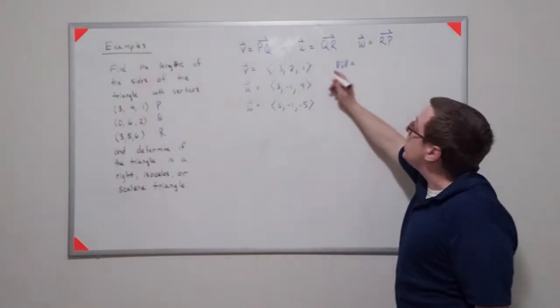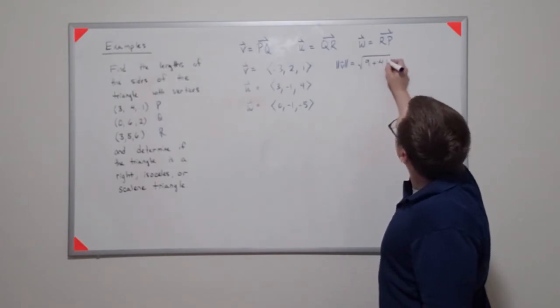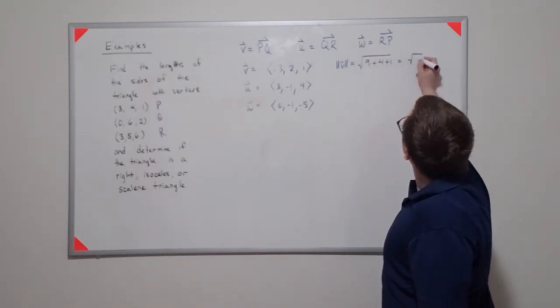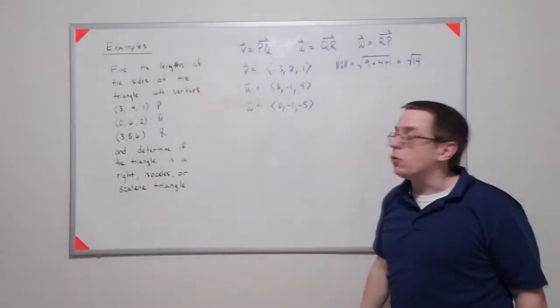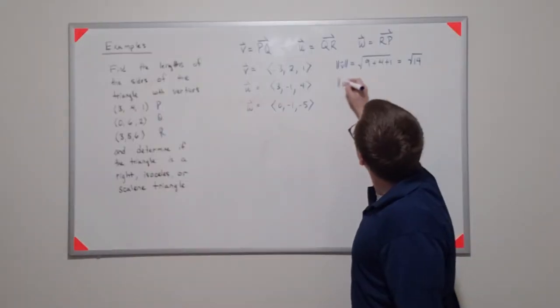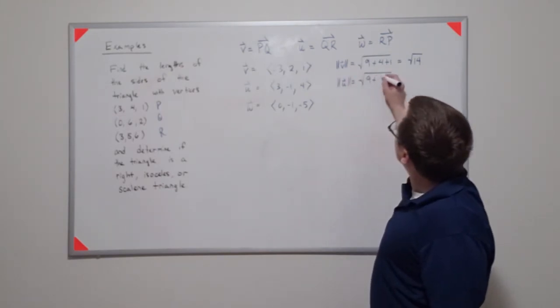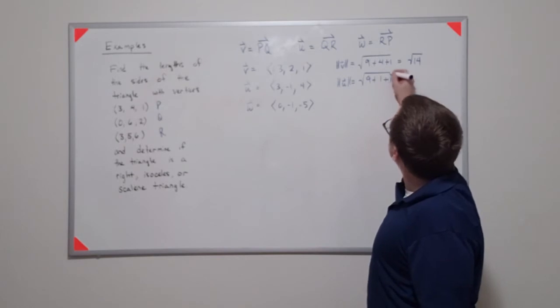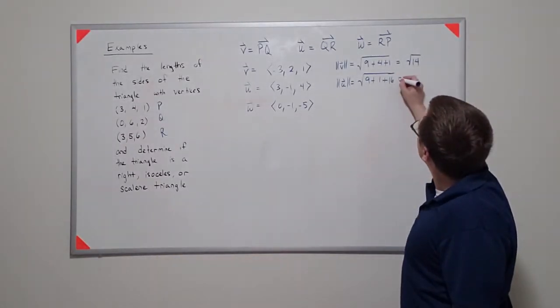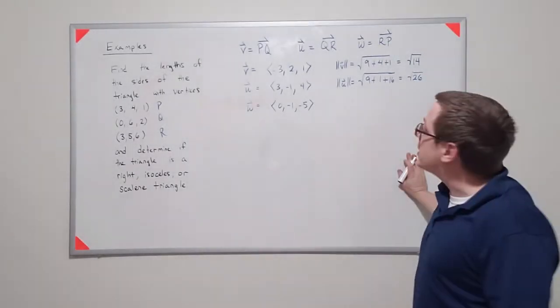And then we want to go ahead and get those magnitudes. So the magnitude of V is 9 + 4 + 1, which is the square root of 14. The magnitude of U, 9 + 1 + 16, square root of 26.